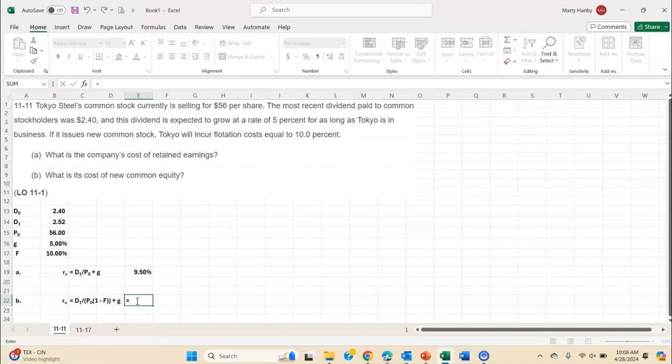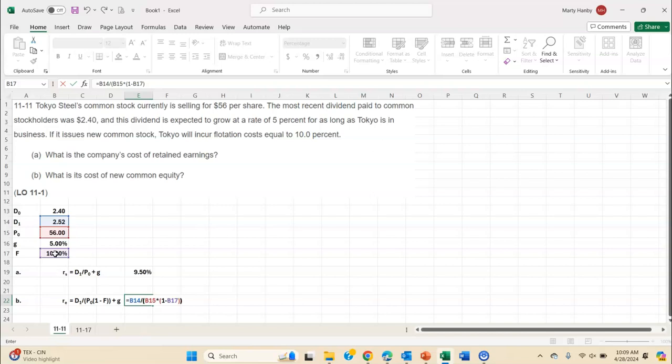So equals 2.52 divided by, parentheses, P0, then an asterisk, then 1 minus F, so that's the 10% down here.